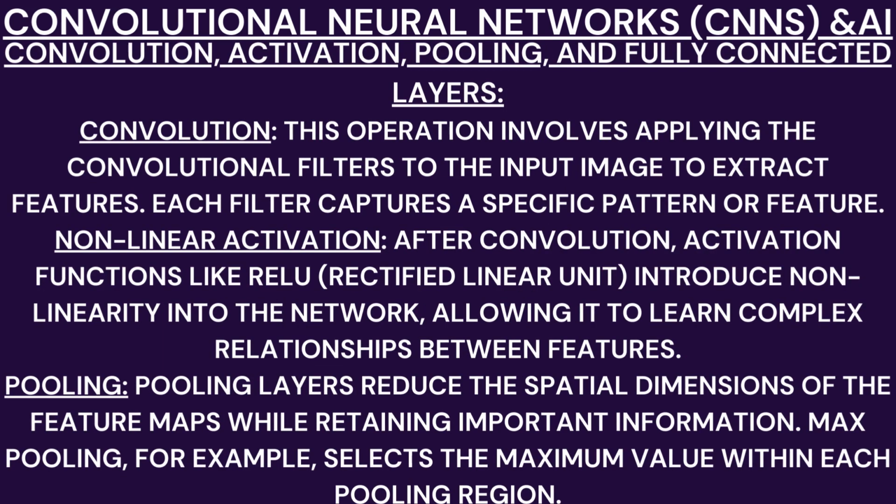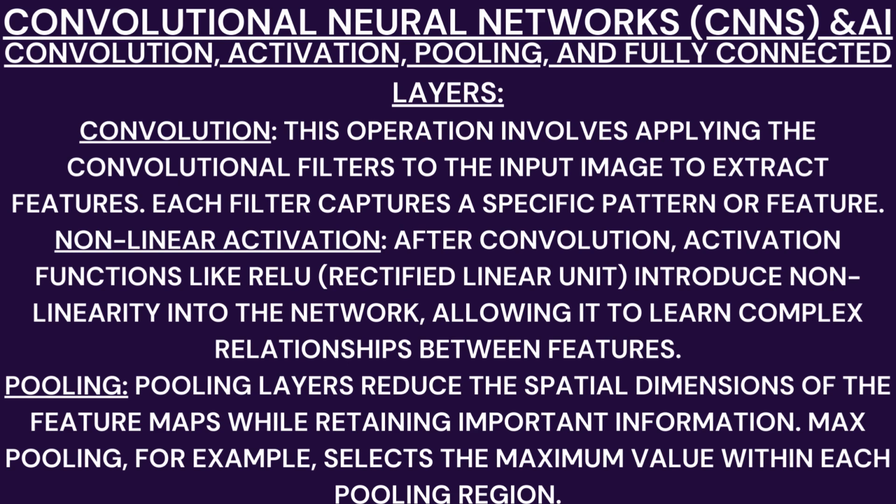Convolution, activation, pooling, and fully connected layers. Convolution. This operation involves applying the convolutional filters to the input image to extract features. Each filter captures a specific pattern or feature. Non-linear activation.